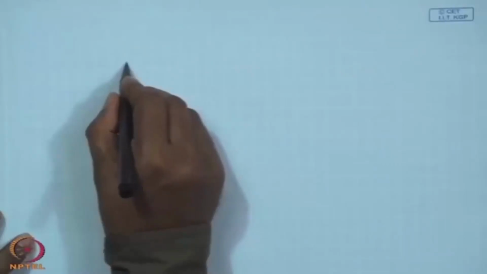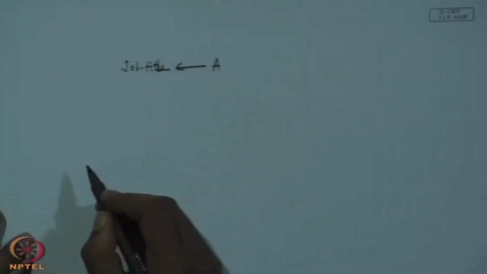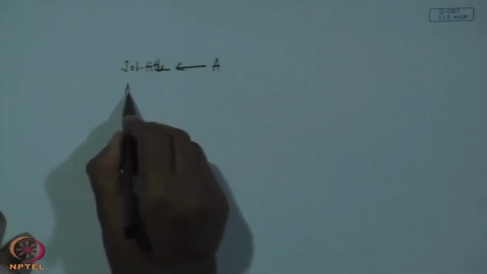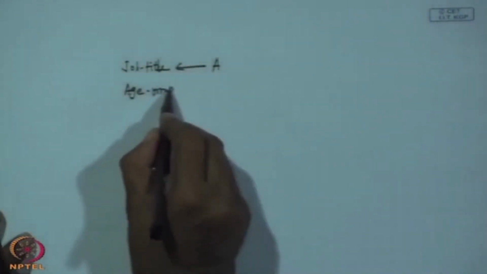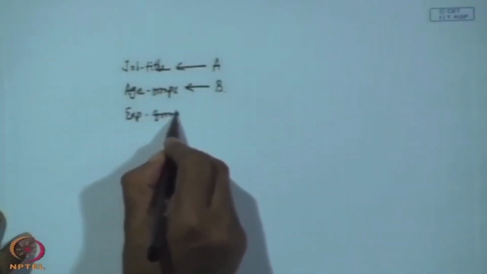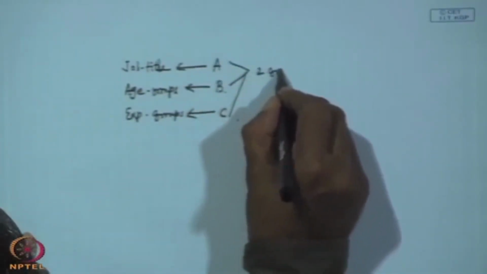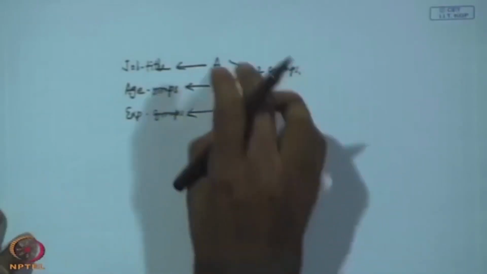So, definitely you will say first is job title, factor A. Then the second one is our age group, that is your factor B. Third one is experience group, this is your factor C. So, we have 3 factors each with 2 groups. We are saying it 3-way ANOVA because 3 factors are considered.